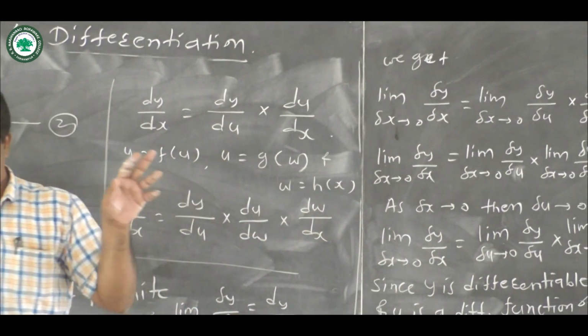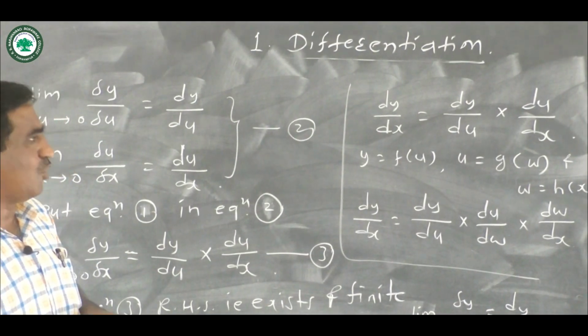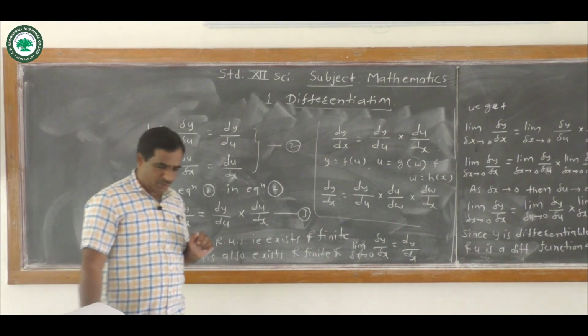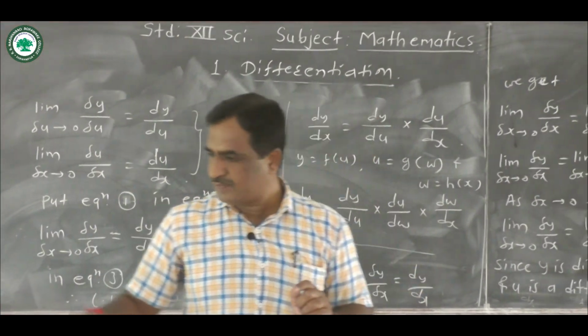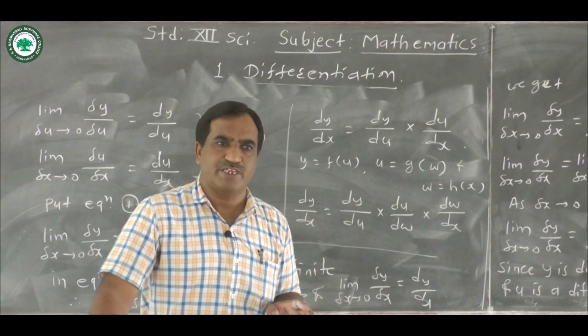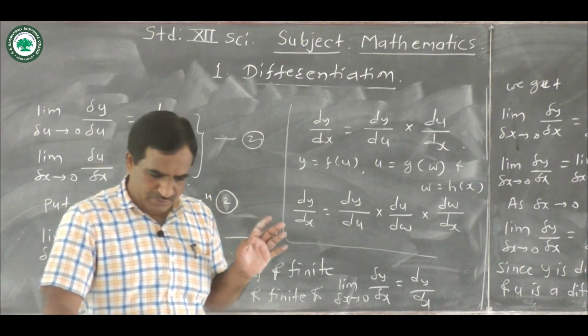This is the extension form of the chain rule, the composite rule or chain rule. Now using this chain rule, we can solve some examples based on it, that is, we can find the derivatives of composite functions by using the chain rule.